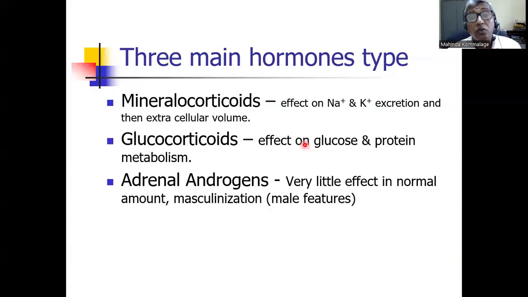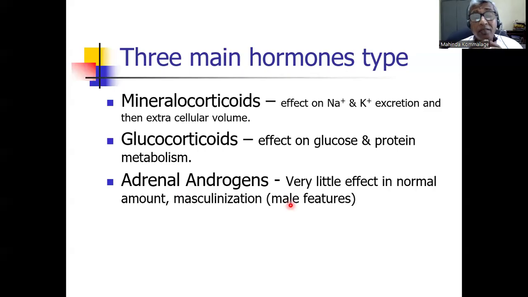Right. So as I mentioned, three hormones: mineralocorticoids or aldosterone, important for regulation of sodium and potassium excretion. Glucocorticoid or cortisol, important for glucose and protein metabolism. Androgen, we call adrenal androgen, is less important male reproductive hormone.